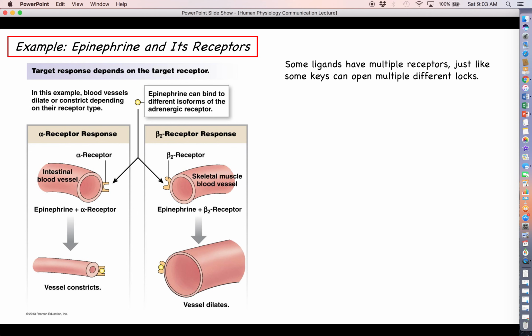If you consider the lock that opens the front door of your house, there's only going to be one key for that, right? Generally speaking. But some ligands can actually have multiple receptors. Imagine that the key to your front door also opens your back door. That makes sense, right? They're two different locks, but that one key can open them both.